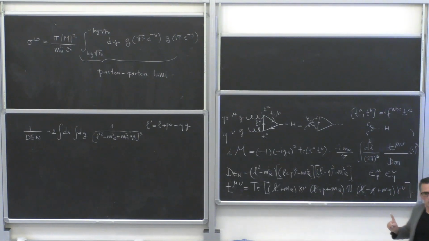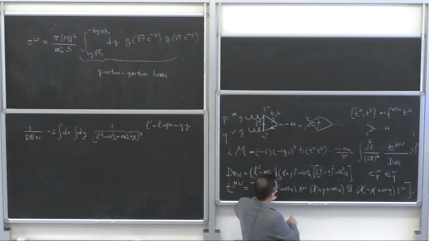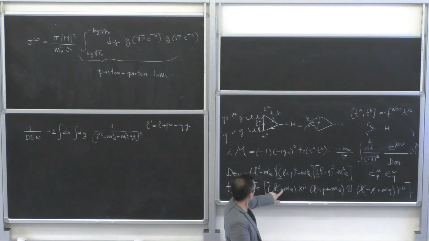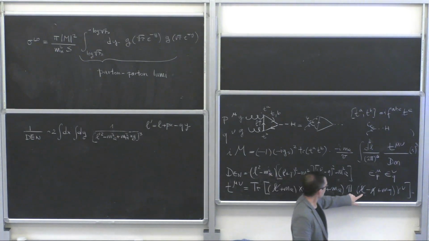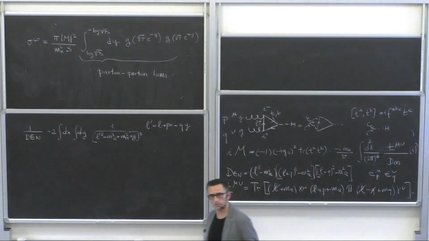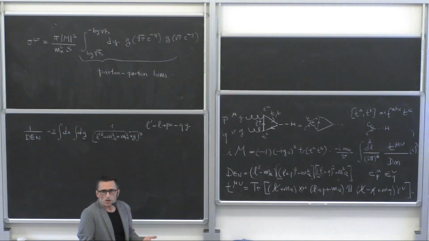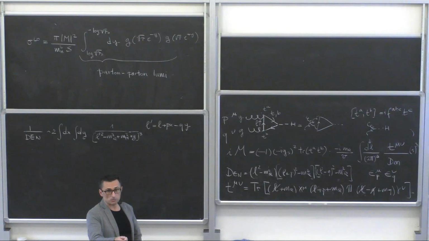But now you look at this and you see there is a number. If you take, for example, this term, there is 1, 2, 3, 4, 5 gammas. 5 gamma is not a good number of gammas in a trace, right? Because the trace of an odd number of gammas is 0. So I can only get an even number of gammas that will contribute to the non-zero term.